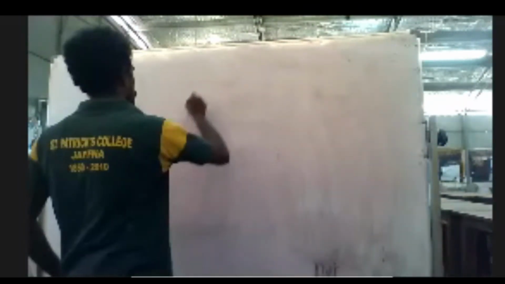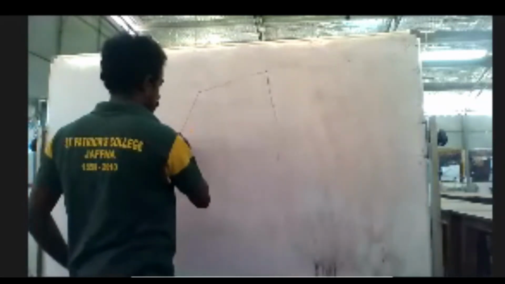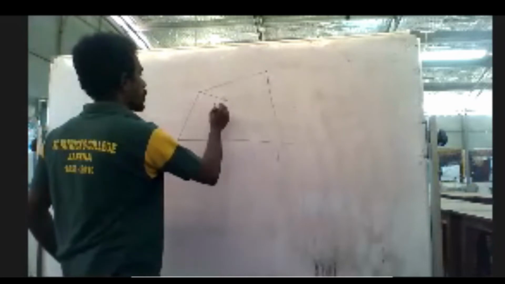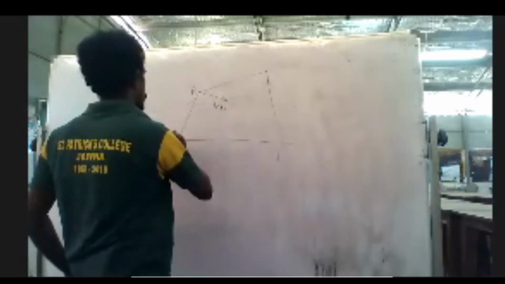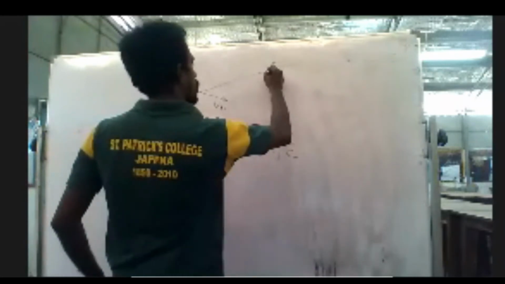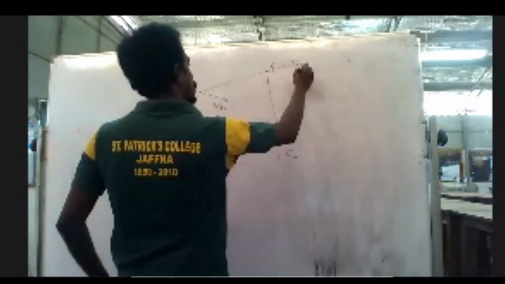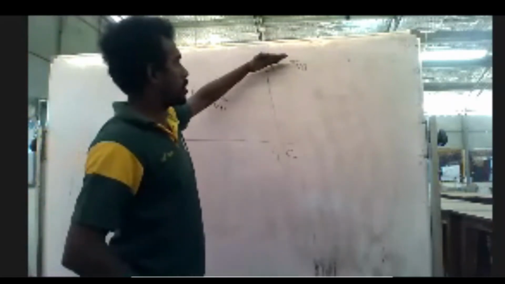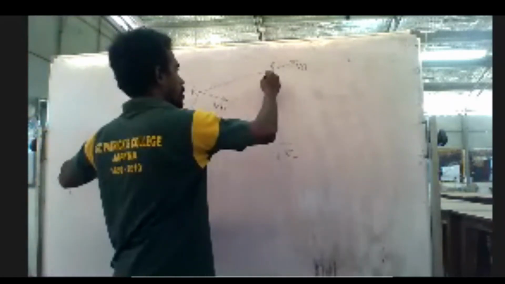I will draw a simple 4-bar mechanism. My VA is going to act this way. This is point A, and VB is acting this way. Why? My link is here, and velocity should be perpendicular, so it should act that way.